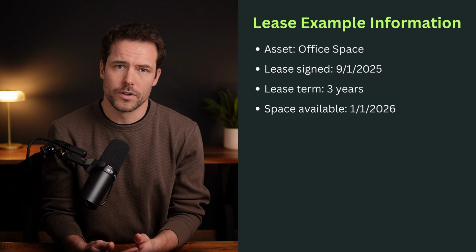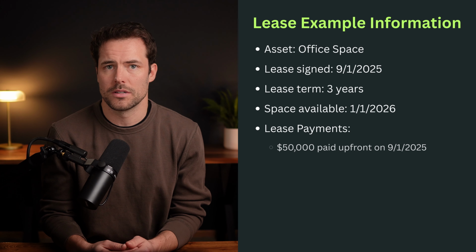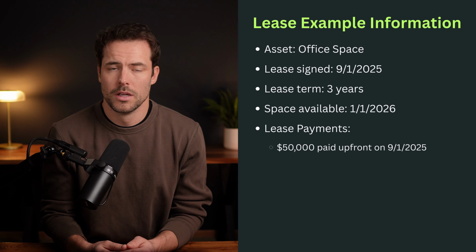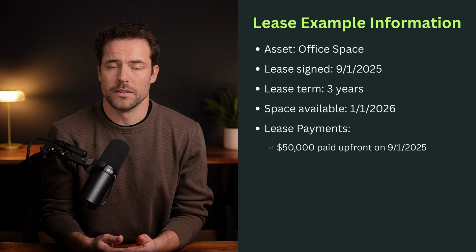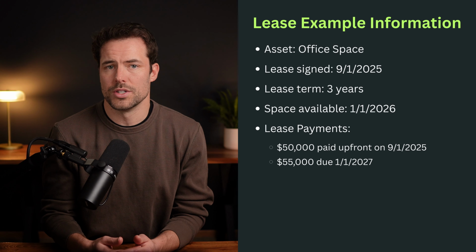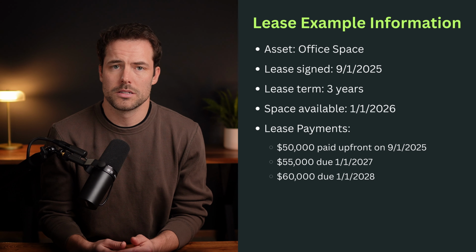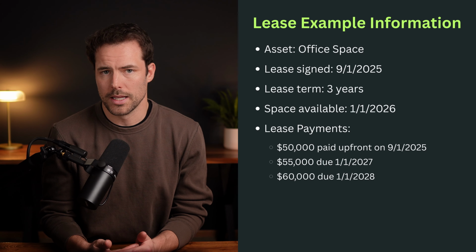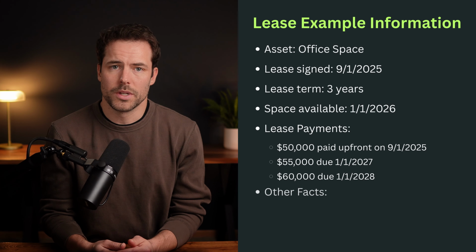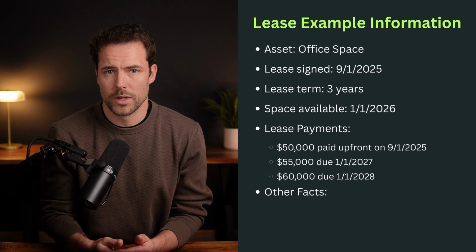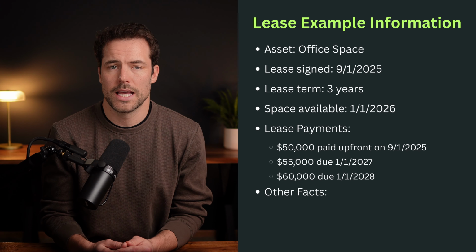We made our first annual payment of $50,000 upfront on September 1st, 2025. The remaining two payments will be $55,000 on January 1st, 2027 and $60,000 on January 1st, 2028. We're a private company and we've elected the practical expedient that allows us to use the risk-free rate for this class of assets.